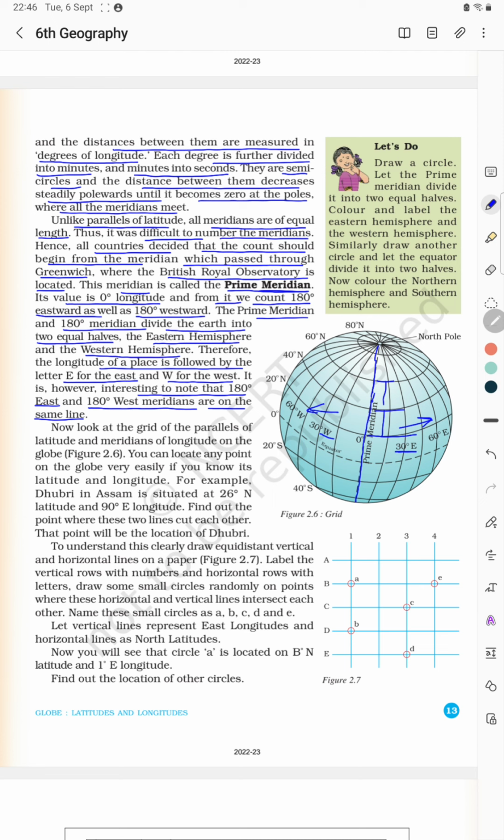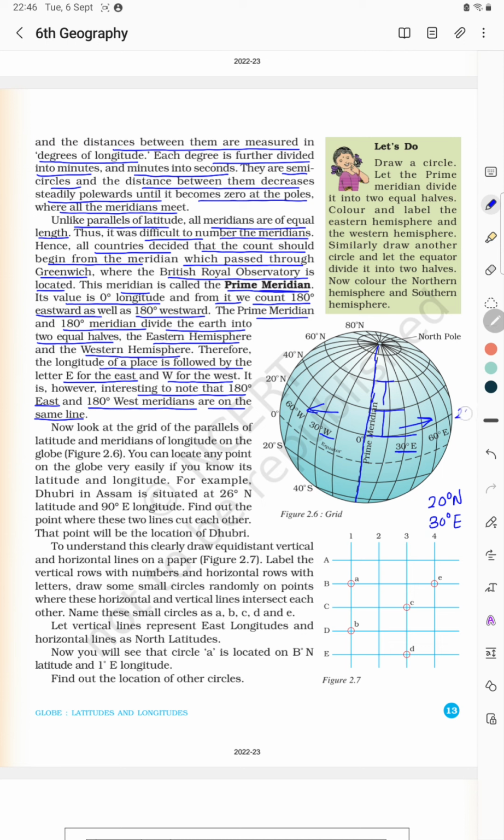Now look at the grid of parallels of latitude and meridians of longitude on the globe. You can locate any point on the globe very easily. Suppose you are given a point that is 20-degree north and 30-degree east. So this is the equator.